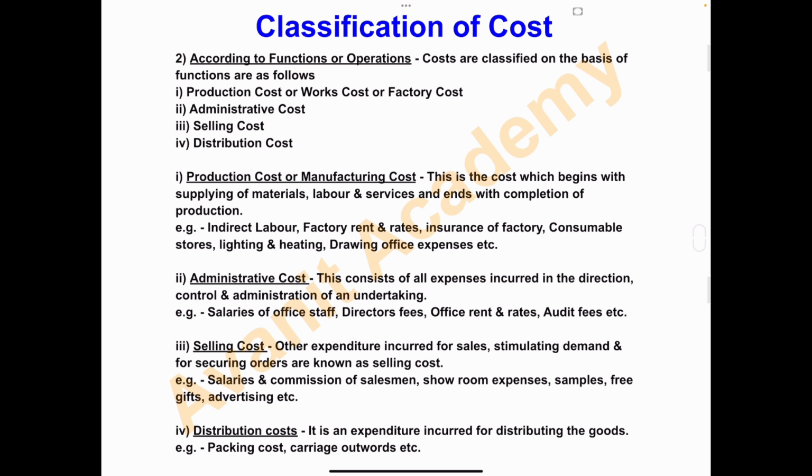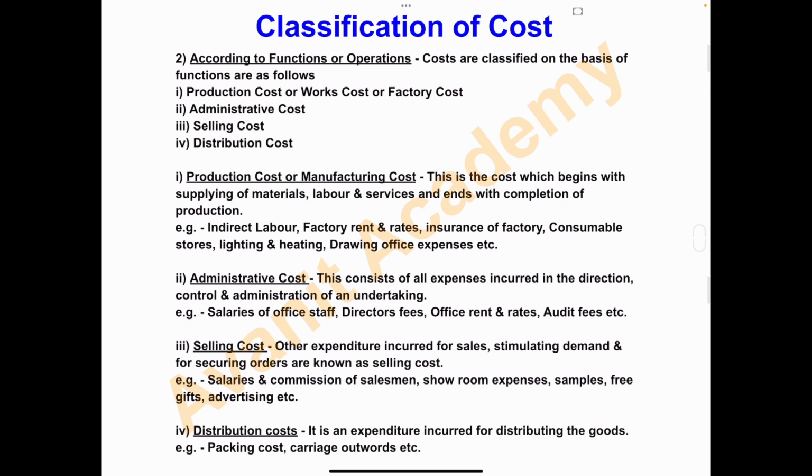And these three costs are again classified into two parts: direct material and indirect material, direct expenses and indirect expenses, direct wages and indirect wages. So all these things we have already studied in the previous video. In today's video, we'll learn the cost classification according to their functions and their behavior.